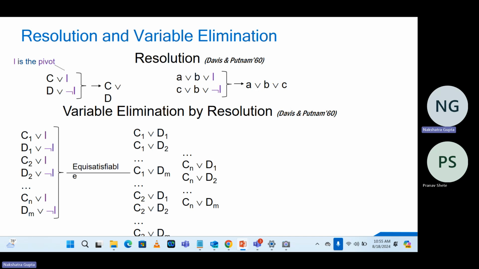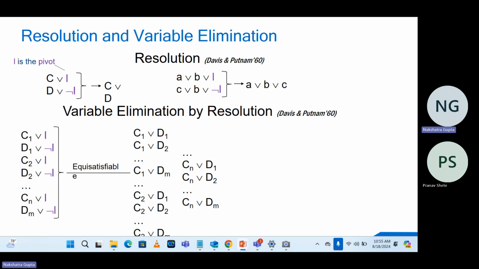Here L appears in clauses C_i, where the header is C, and not L appears in clauses where the header is D. And so we just have all the possible resolvents between C_i and D_j. And this is equisatisfiable. Again, why is that?